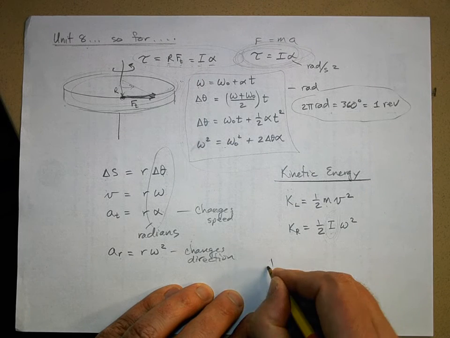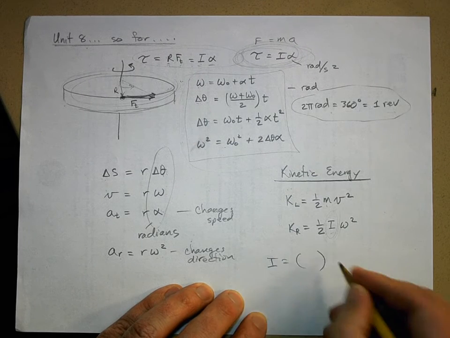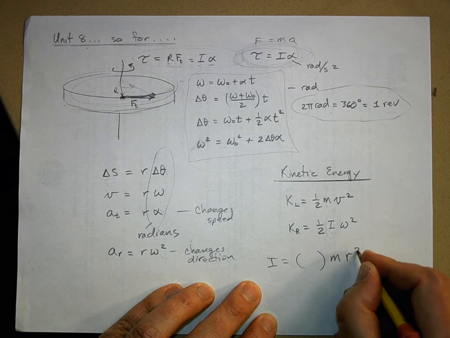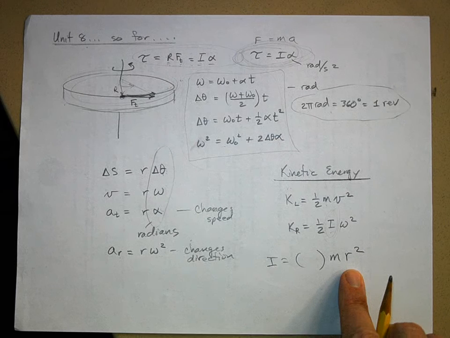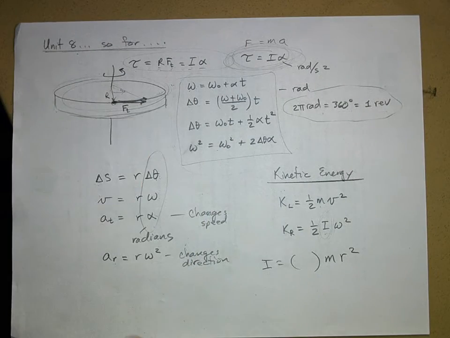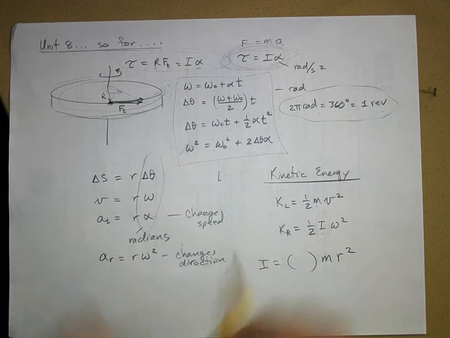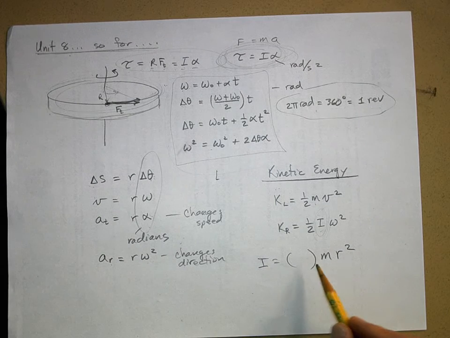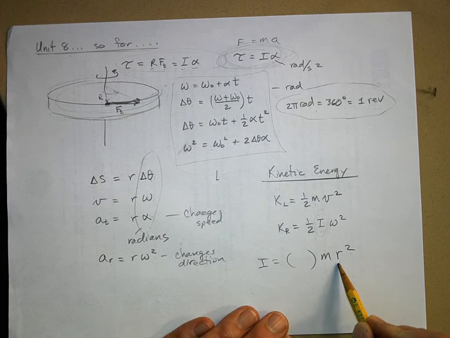Well, I equals some fraction of the object's mass times r squared. Now, r is a good letter to use when it has some kind of roundness, like a disc or a sphere. But a stick doesn't have an r, it has a length, L, so we'll use that.